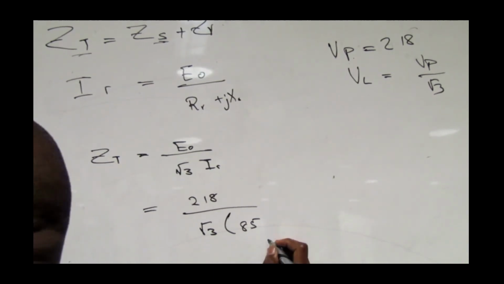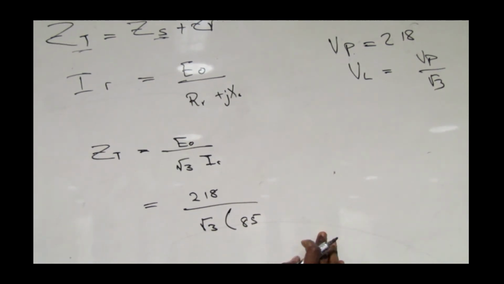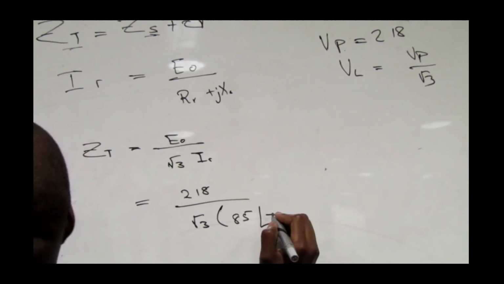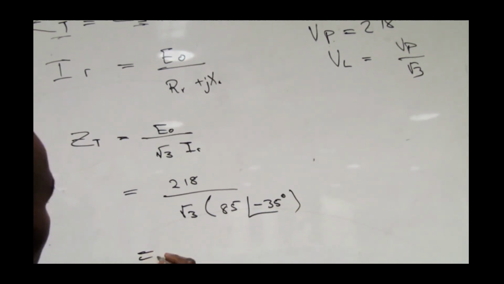Calculate the impedance in series with the rotor when you are given the starting current at 85 amps at minus 35 degrees.